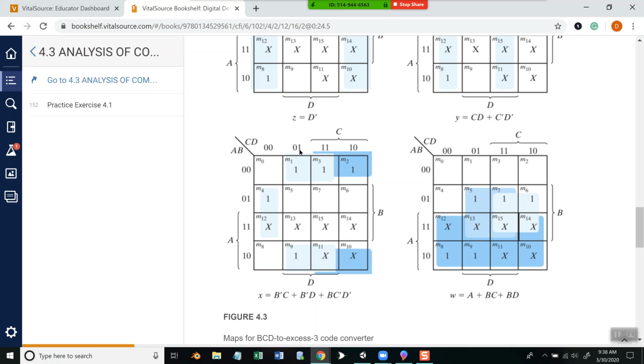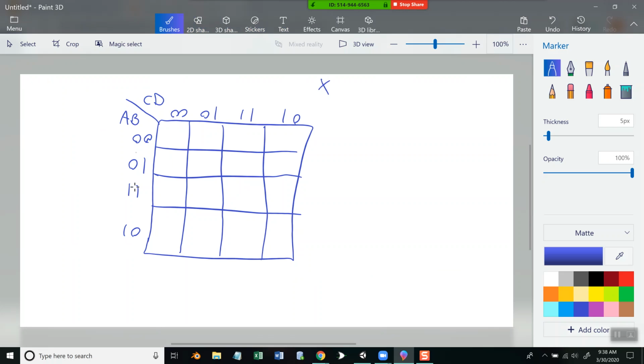This would be A prime or C prime and D. This one right here would be A prime, B prime, and then C and D. And so when you're looking at these, they correspond directly to your A, B, C, and D here.